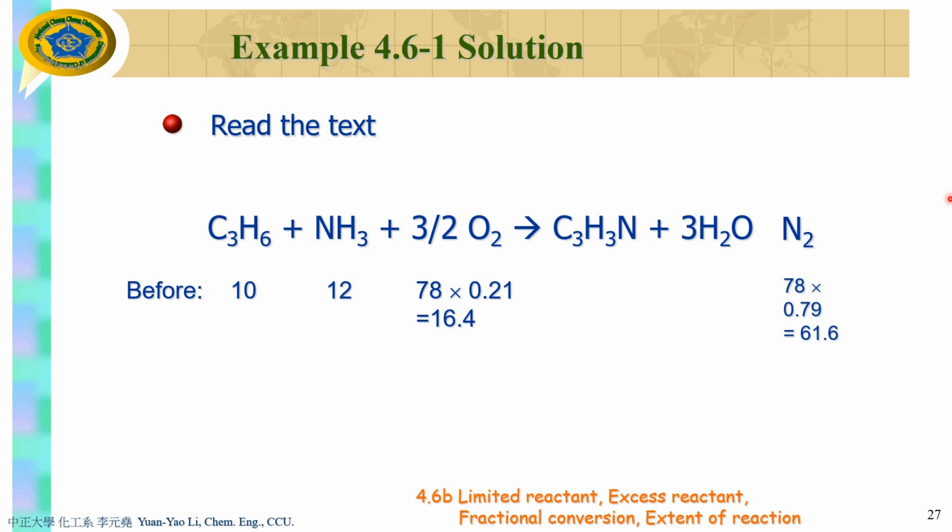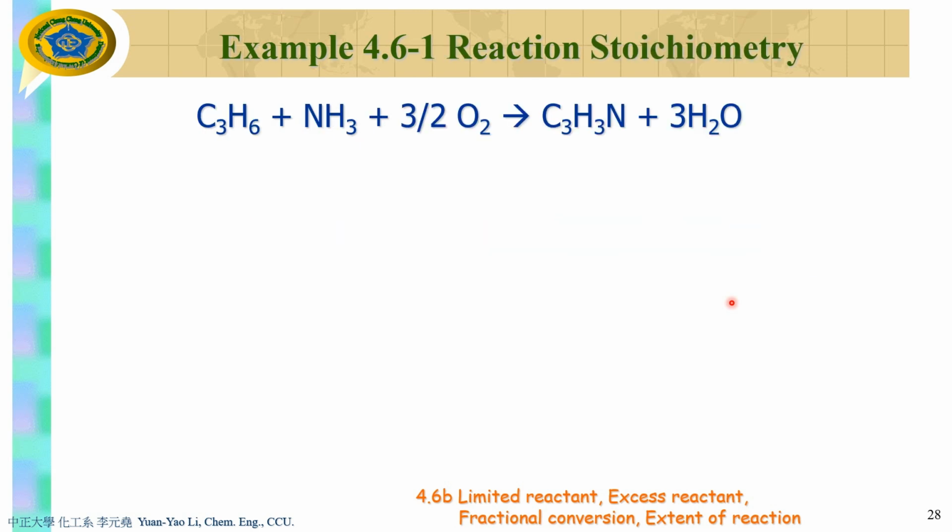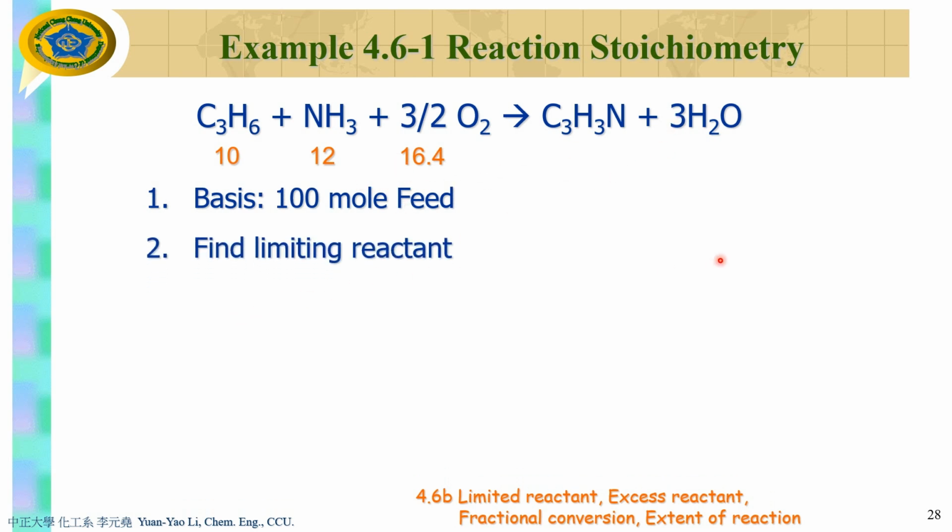So let's take a look at this. In the beginning, this is 0 and 0, right? So that will be 10, 12, 16.4. So the basis is 100 mole feed, right? And then find out the limiting reactant.